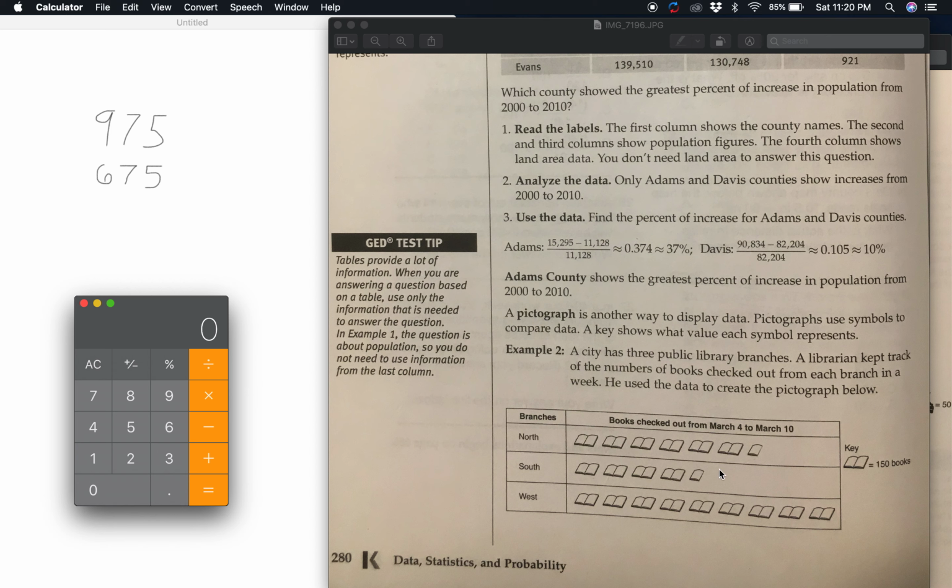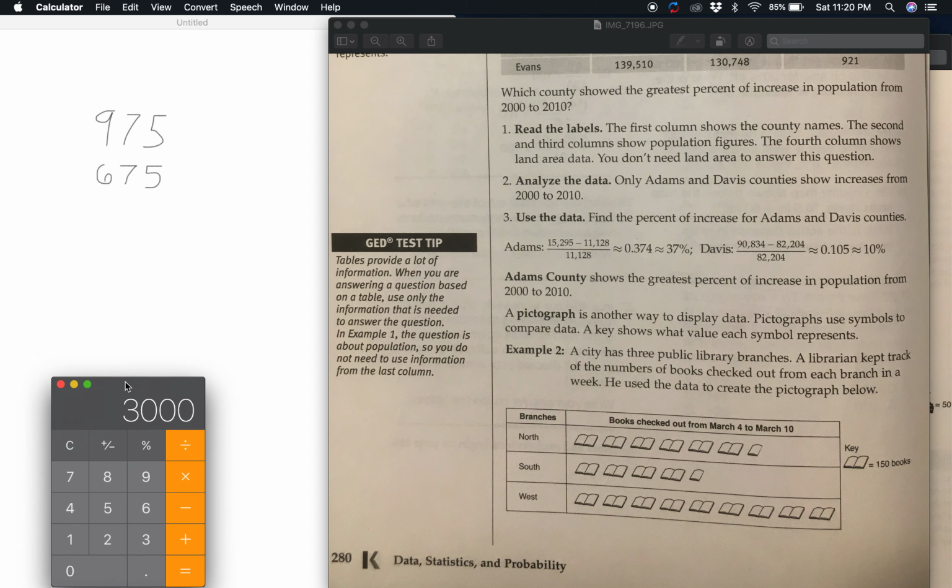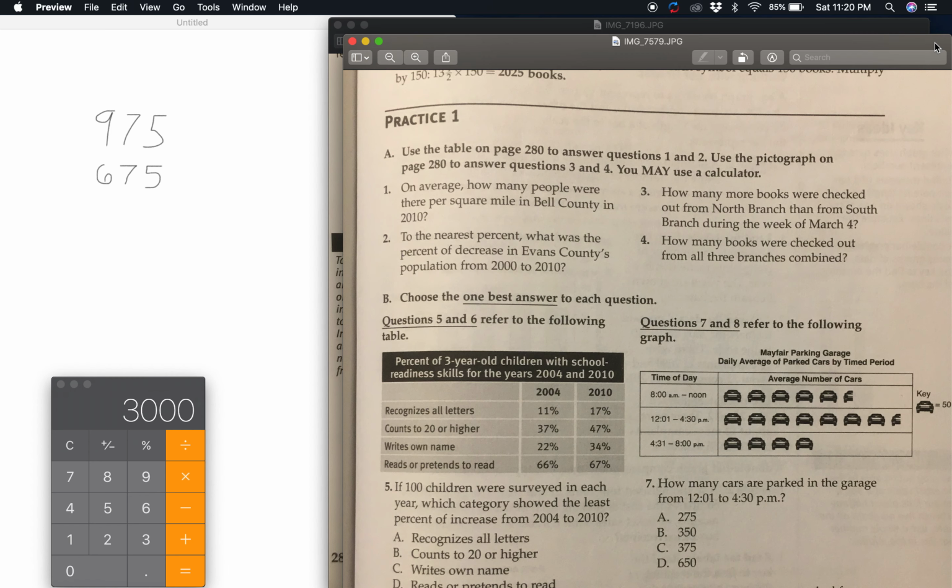We have two halves here which make a whole, obviously, so 20. 20 times 150 equals 3,000. So 3,000 is your answer there. That's the answer for number 4.